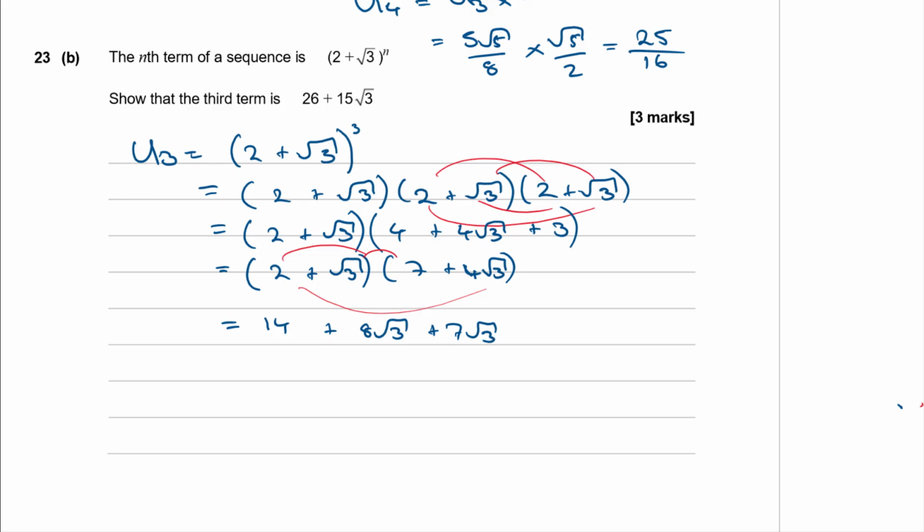And then I've got root 3 times 4 root 3. Well, root 3 times root 3 is 3, and 3 times 4 is 12. Okay, so then tidying that up, the 14 plus the 12 is going to give me 26, and the 8 root 3 plus the 7 root 3 is going to be 15 root 3.